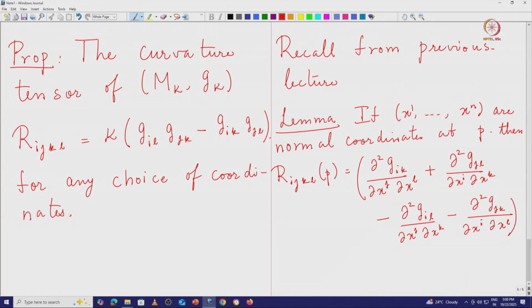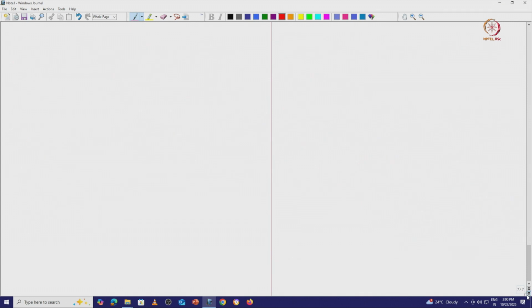Okay, all of this evaluated at the point P. So I am going to use this formula again.